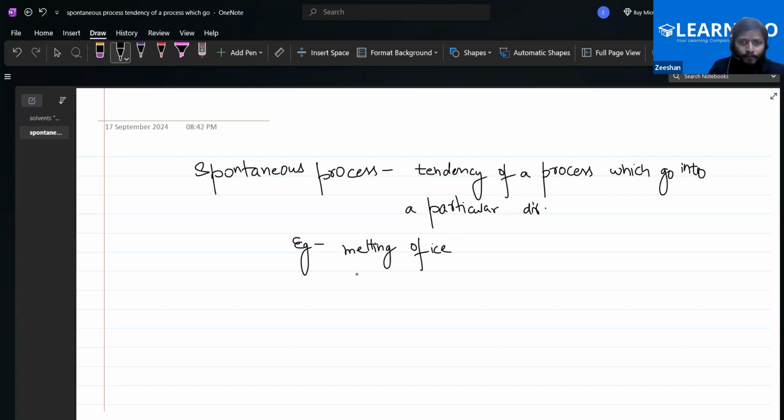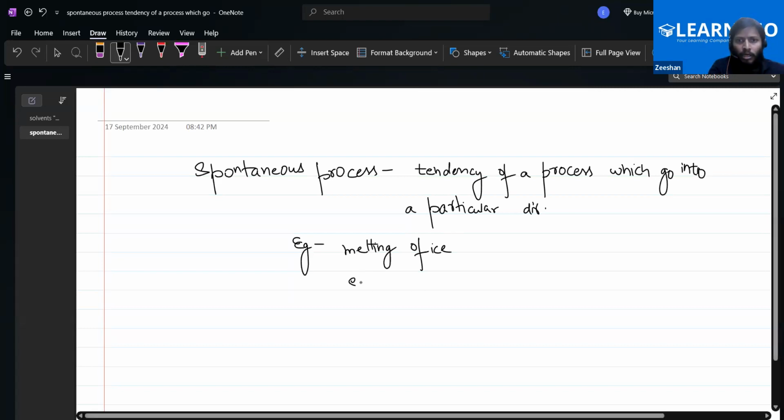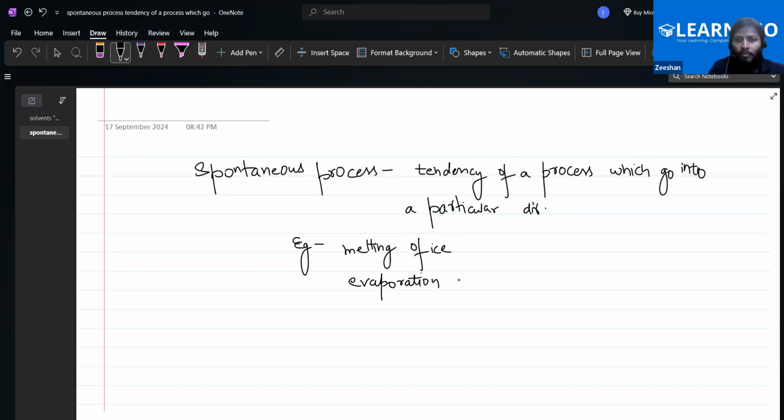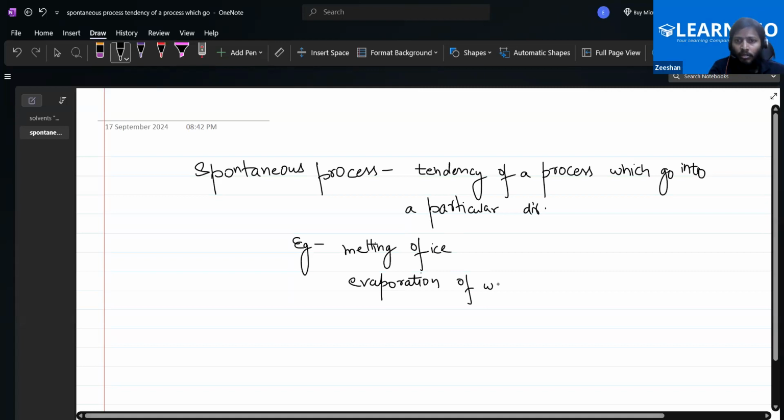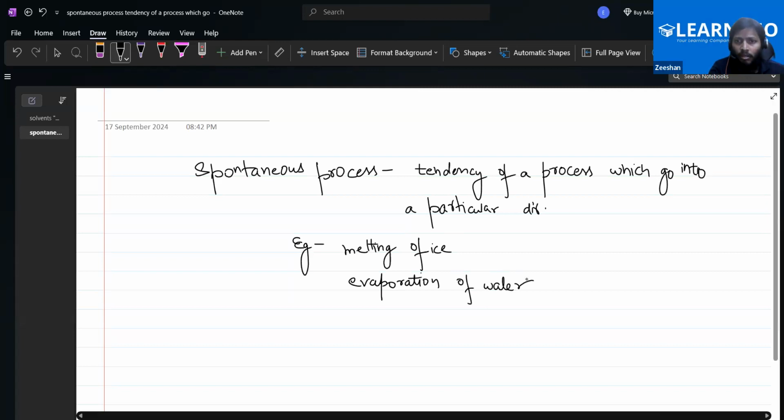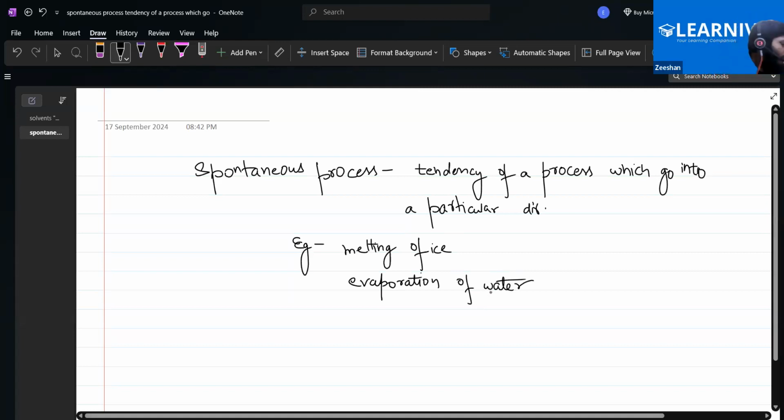Got it? Like evaporation of water. Can anybody tell at what temperature evaporation of water takes place? 100 degrees Celsius.